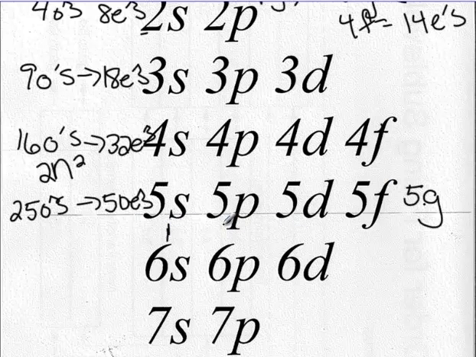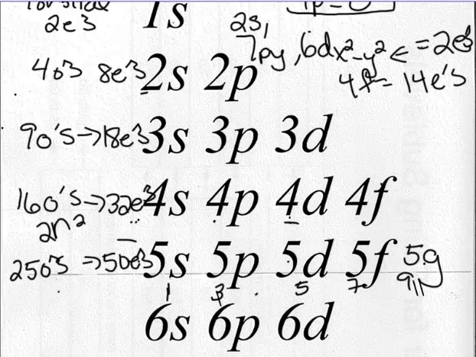There's 1 in the s's, 3 in the p's, 5 for the d's, 7 for the f's, so it would be 9 orbitals, which fills the gap. That extra 9 orbitals added for the g bridge the gap between 16 and 25, and the 18 electrons bridge the gap between 32 and 50.